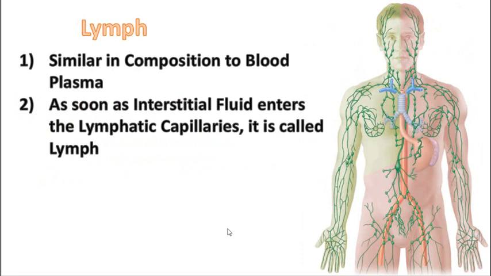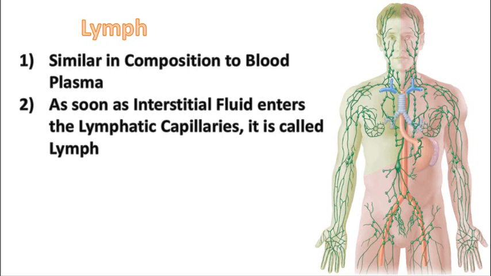So what is lymph now? So we discussed the lymphatic vessels. Lymph is basically a fluid that's very similar in composition to blood plasma. It's derived from blood plasma as a fluid that passes from the capillary walls at the arterial end, and it ends up in the interstitial fluid. And as it accumulates in the interstitial fluid, the pressure in the interstitial fluid increases, and that pressure forces the fluid to move into lymphatic capillaries.